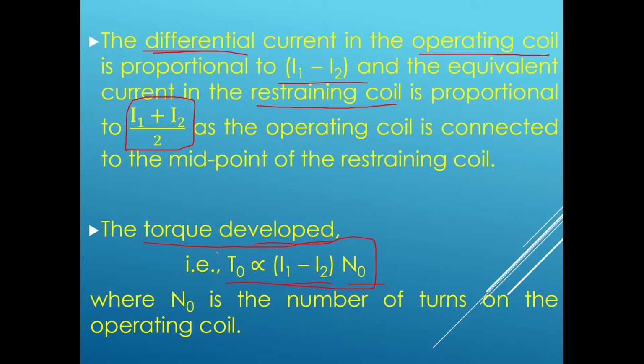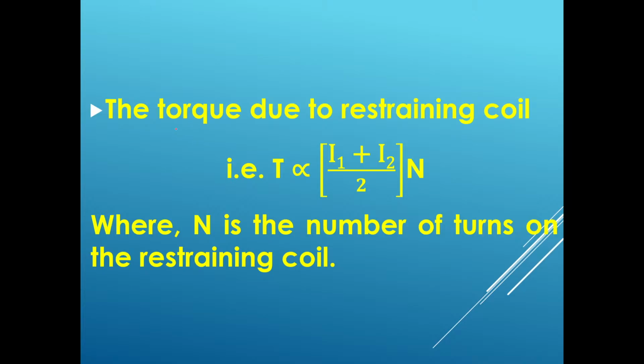Similarly, the torque developed in the restraining coil is also proportional to the ampere turns. So tau r is proportional to I1 plus I2 by 2 into N, the number of turns of the restraining coil. These are the torque equations of this percentage bias differential relay.